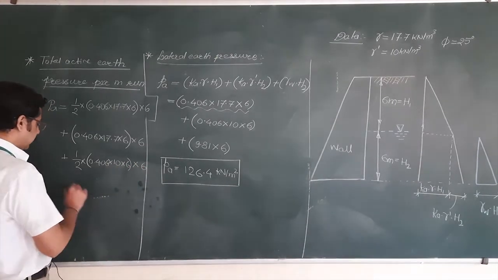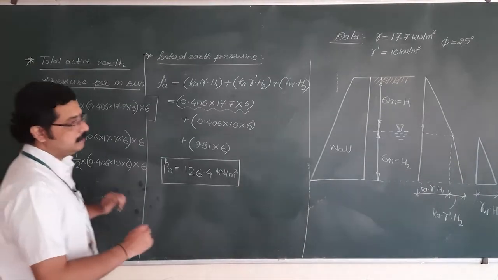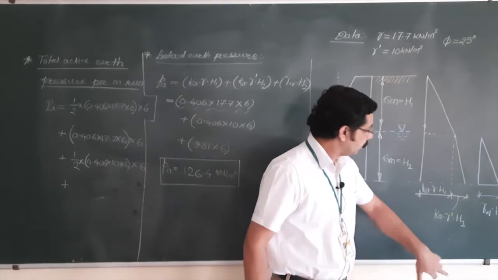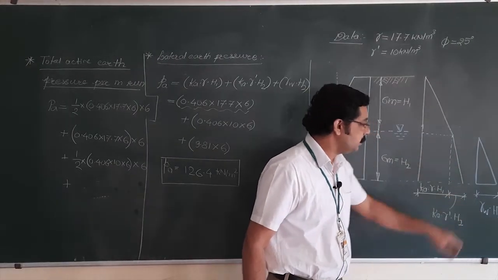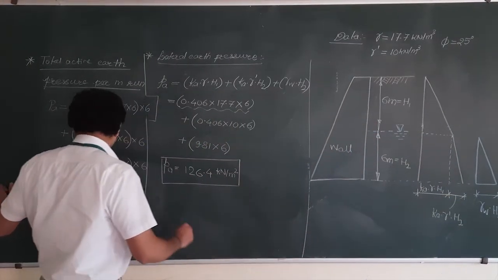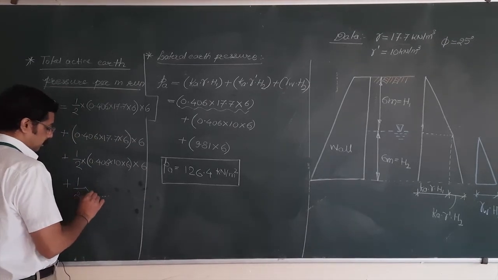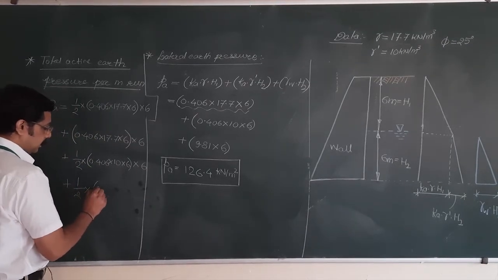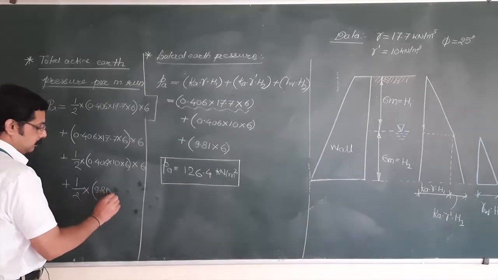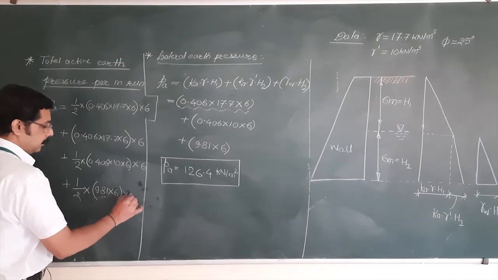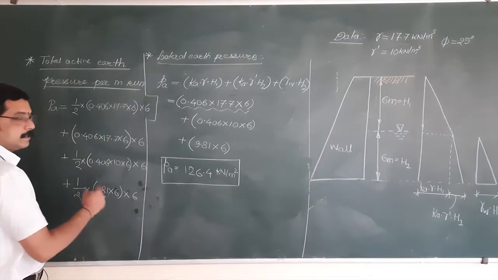This is 6 plus area of this triangular pressure distribution for water, which is half base into height again. So this is going to be half, base is 9.81 multiplied by 6 meter multiplied by the height, that is 6.